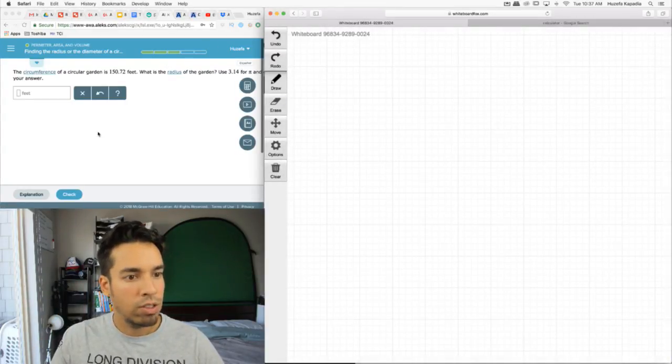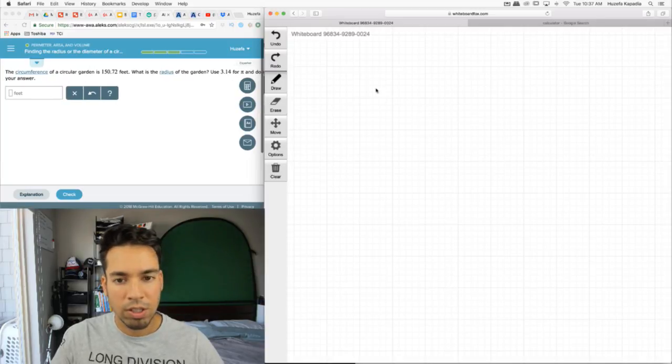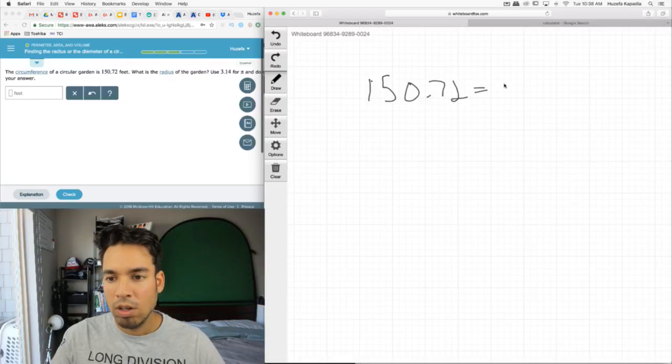All right, next, the circumference of a circular garden is 150.72 feet. 150.72 equals 2 pi r. And then what is the radius? So again, for pi, we're using 3.14. And we're going to solve for r.